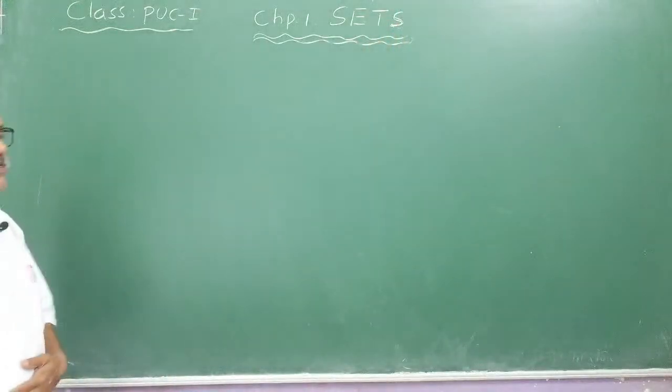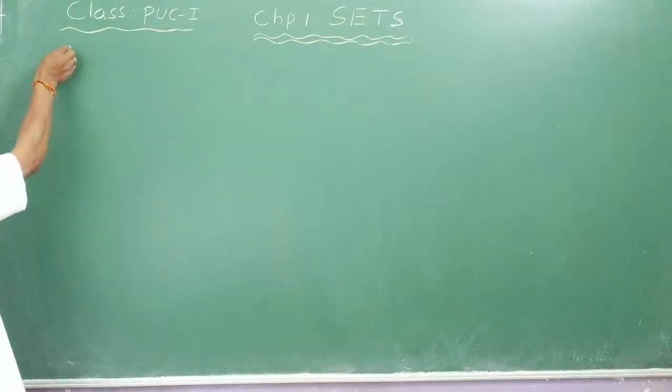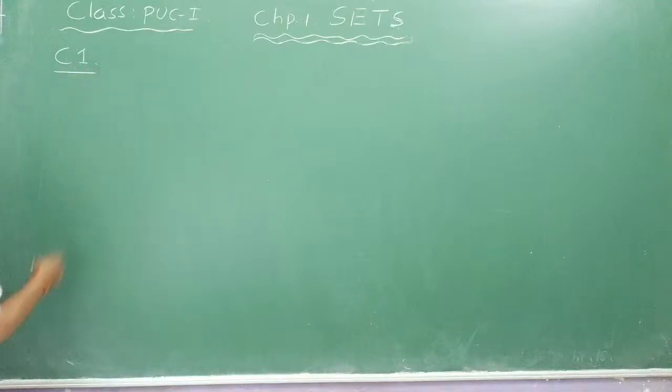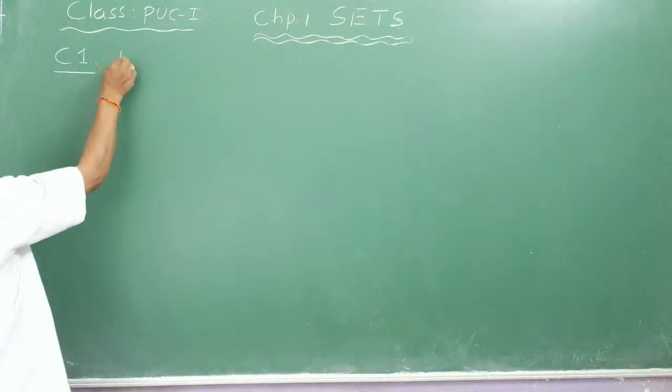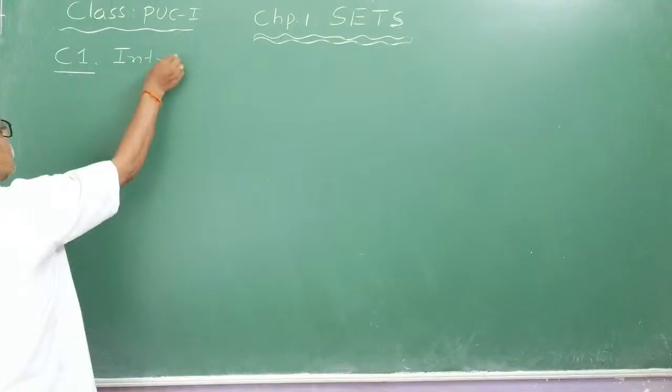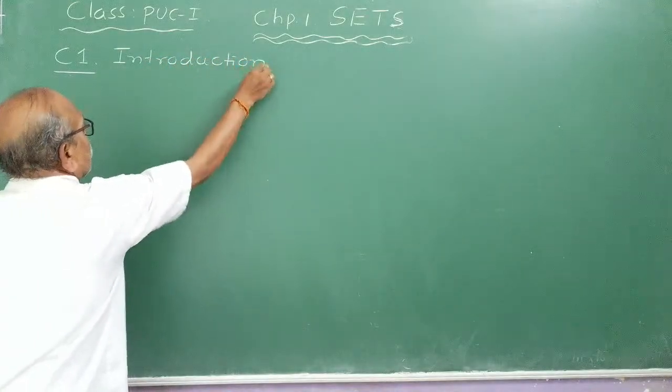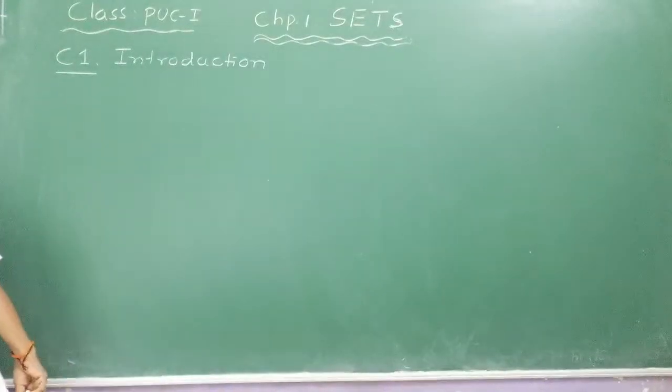Let us try to understand some basic concepts. We'll divide the chapter into three topics. Conceptual topic 1, the introduction part of what is a set, and the methods of representation of the sets.